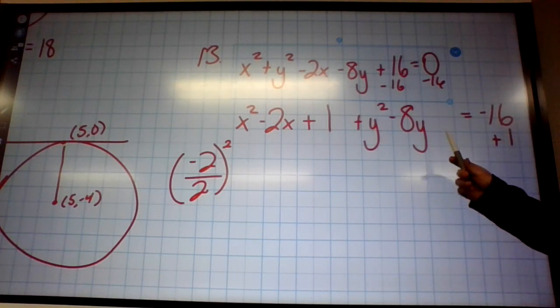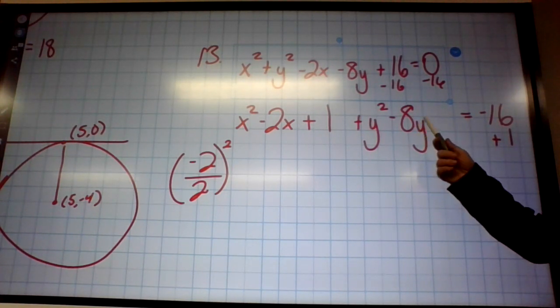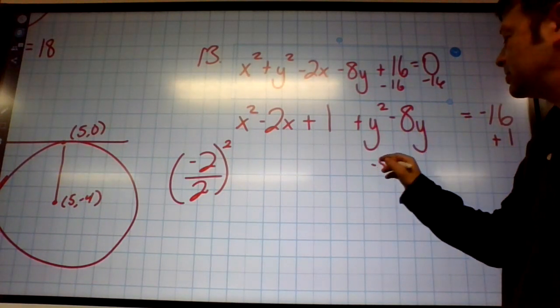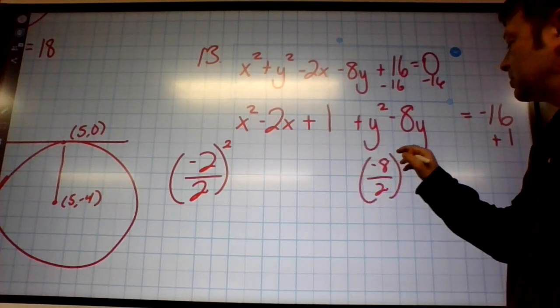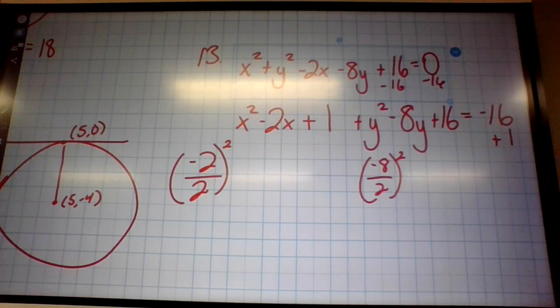Then I'm going to do the same thing with the y's. Negative 8, it doesn't really matter if it's negative in this case. So it's 8 divided by 2, squared. If I add 16 to the left side, I have to add 16 to the right side.